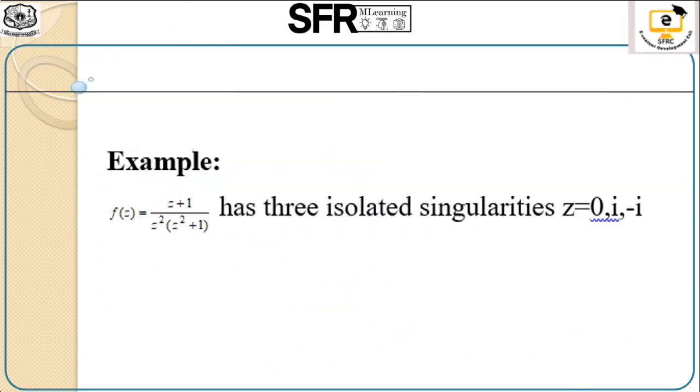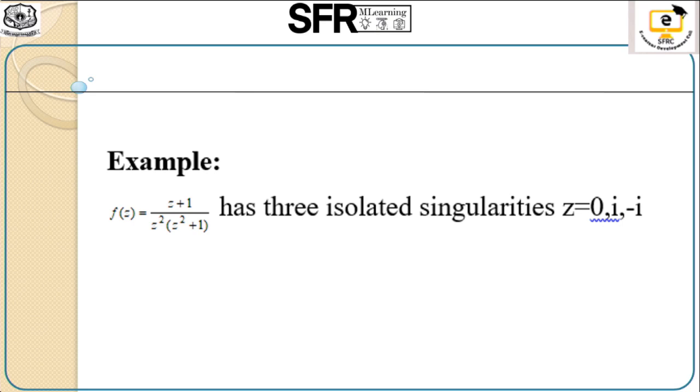So in this example, f of z equal to z plus 1 by z square into z square plus 1, there are three singularities: z equal to 0, z equal to i and z equal to minus i. These three points are singularities as well as isolated, because if I consider any open disk around these points, at all other points the function becomes analytic.